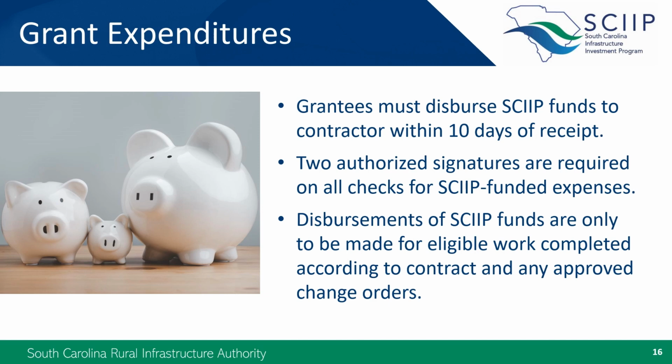Lastly, disbursements of SCIIP funds can only be made for eligible work that has been completed in accordance with the contract, as well as any approved change orders or contract amendments. All financial documentation supporting grantees' request for payment and disbursement of grant funds must be kept in the grantee's files and be available for review at any time.